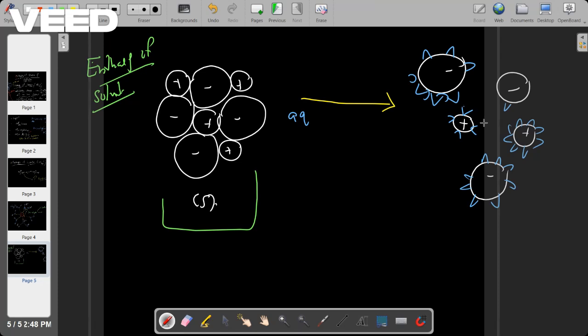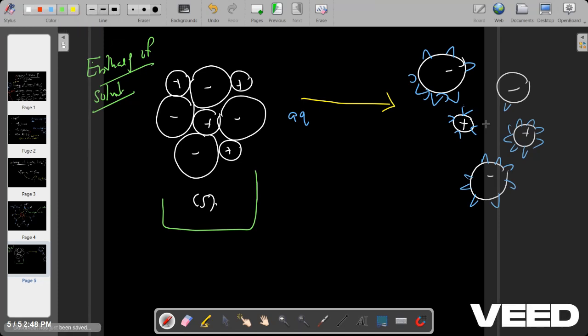When these ion dipole interactions are forming, energy is released. But before that, you should be able to break the lattice. You need to break it.